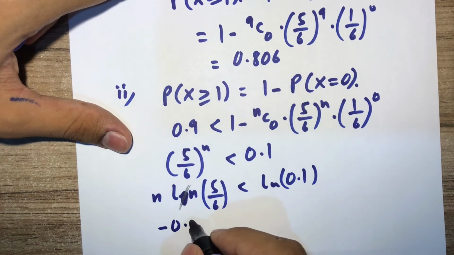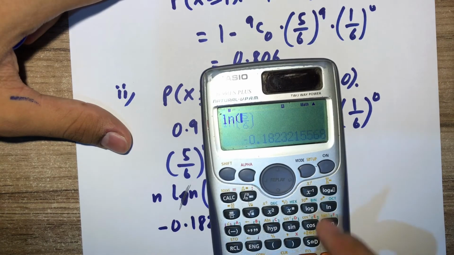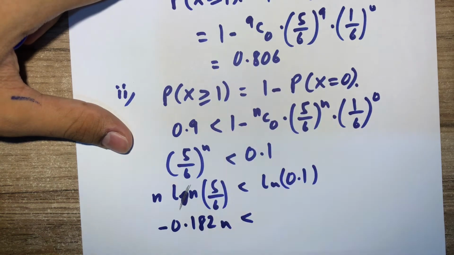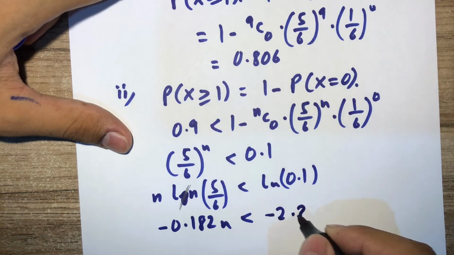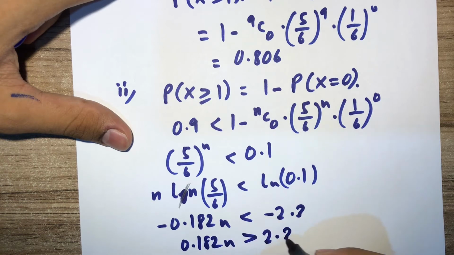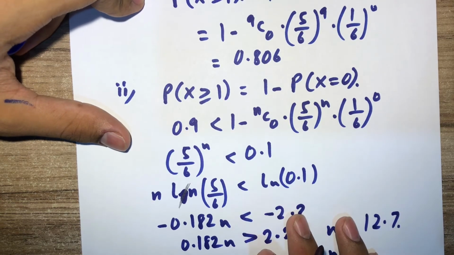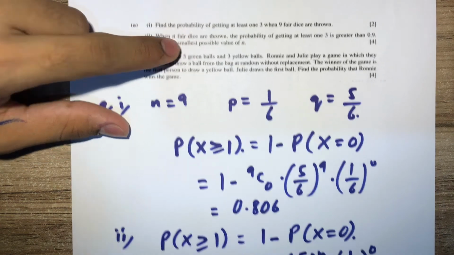So negative 0.182n is less than ln of 0.1, which is negative 2.3. So if we cancel out the negative signs on both sides, this inequality will switch. So n is coming greater than 12.7. So we have to find the smallest possible value of n. So that will be 13.